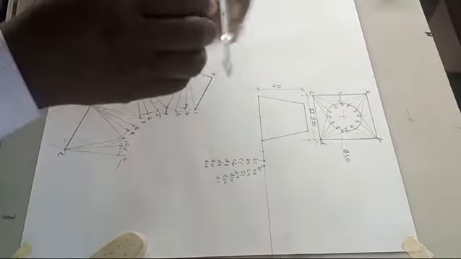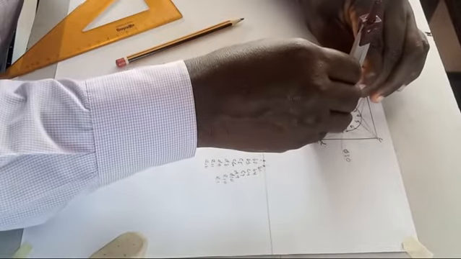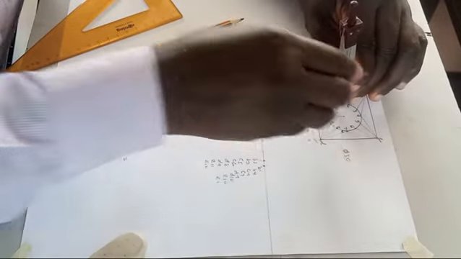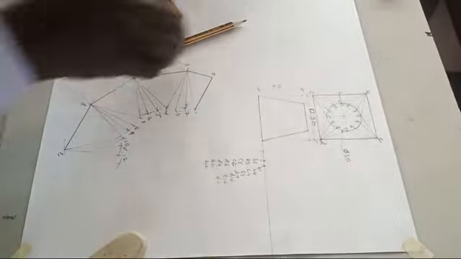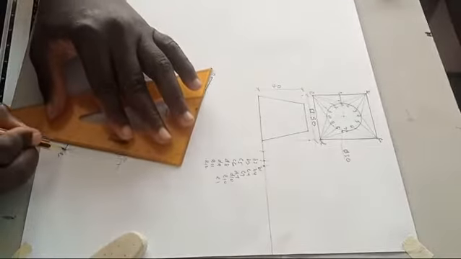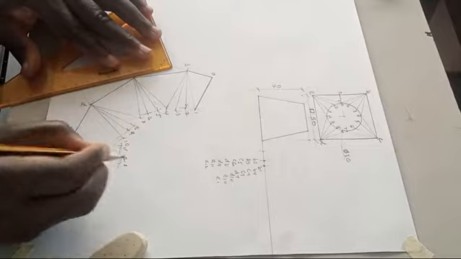So you just go to 12 to 1, this point, and this point. So 12 to 1 is here. So you can join like that. So this is 1.